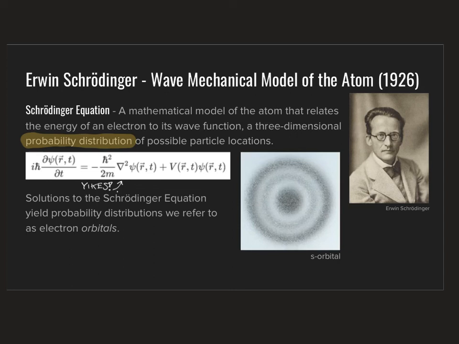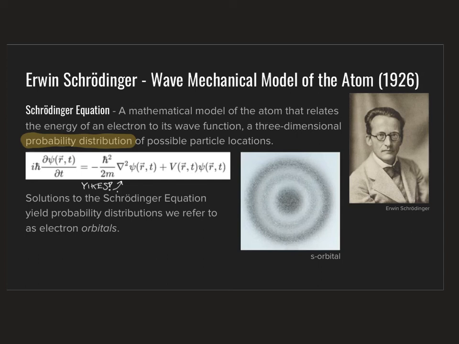The Schrödinger equation is a mathematical model for an atom that essentially relates the energy of the electron to the potential particle locations. And rather than yielding definitive answers about where that electron really is, it instead gives a range of probabilities about where that electron is likely to be found.